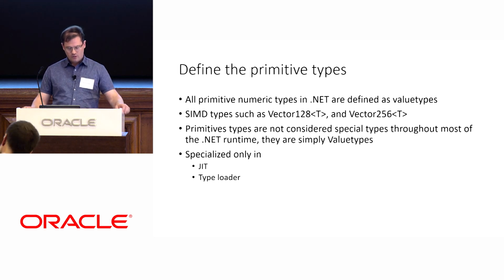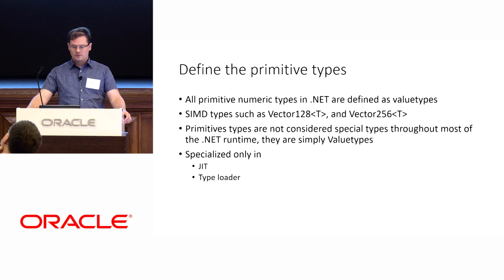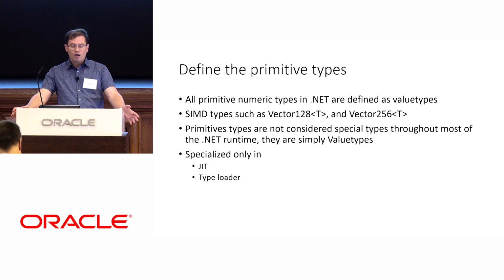So when I talk about defining value types, or defining primitive types, all of the primitive types are just value types. All the SIMD types that the JIT knows about to generate vectorization code, they're just value types. And they're not special through most of the runtime. They're just handled like every other value type, very, very simple.